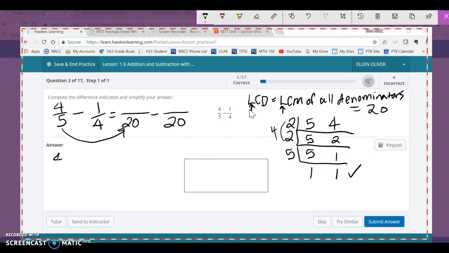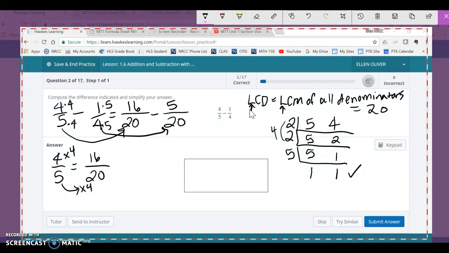Remember when we did equivalent fractions, you had something like this. Well, what did you multiply 5 by to get 20? 4. So you got to multiply your 4 by 4. So that becomes 16. To get from 4 to 20, we did times 5, so we've got to do this numerator times 5.